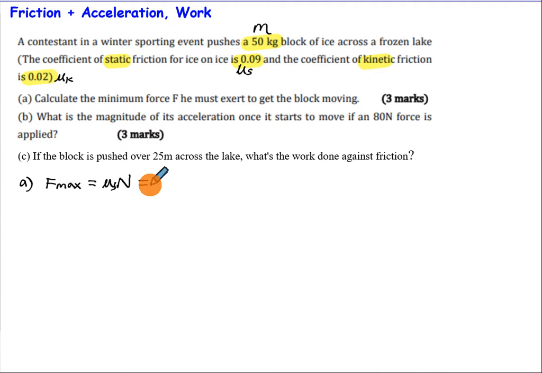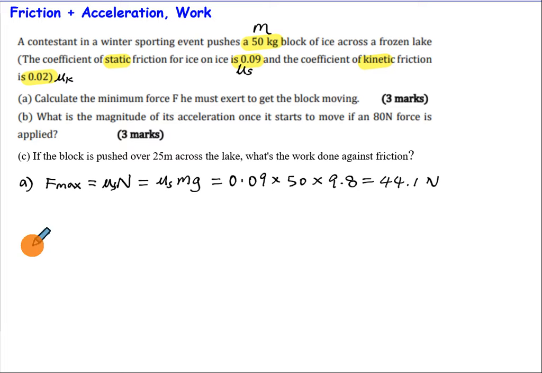A normal force is simply mass times g, because it's on a horizontal lake, so it equals gravity. Plugging in all the numbers: 0.09 times mass of 50 kilos times g for the earth, 9.8, that equals 44.1 newtons. Okay, question 1 is done.